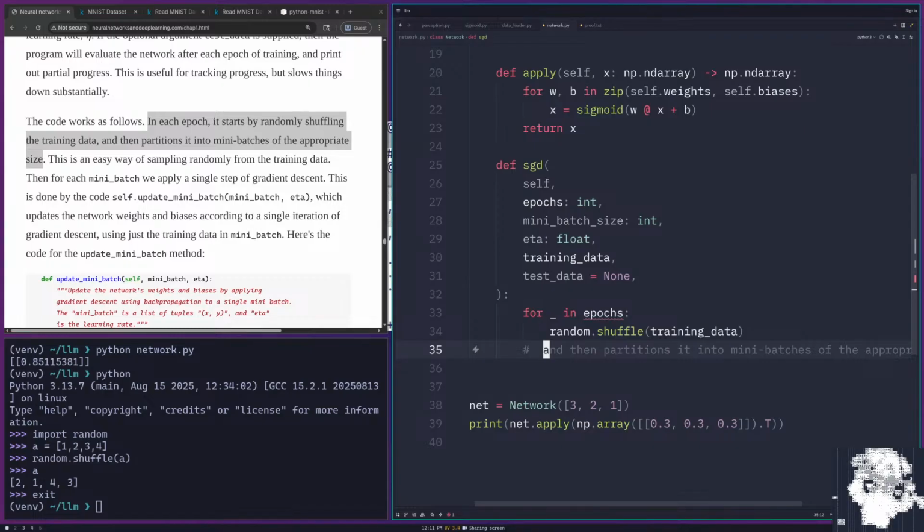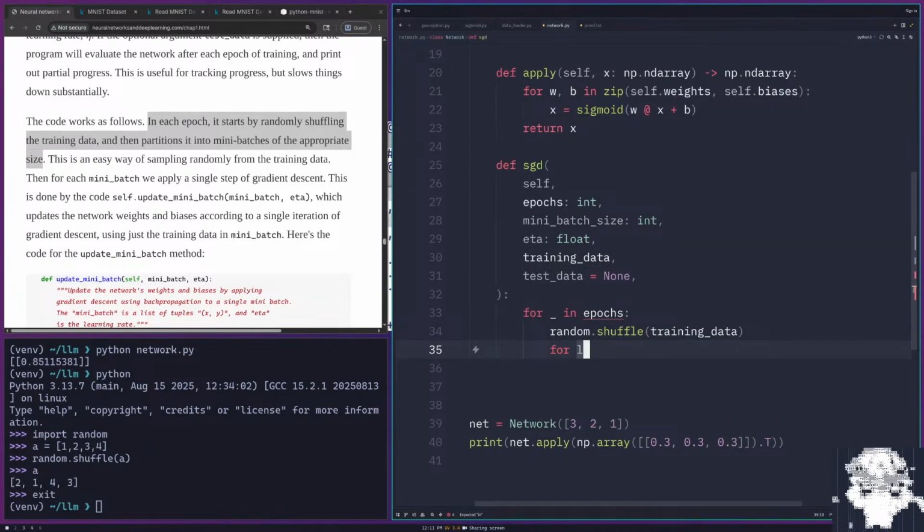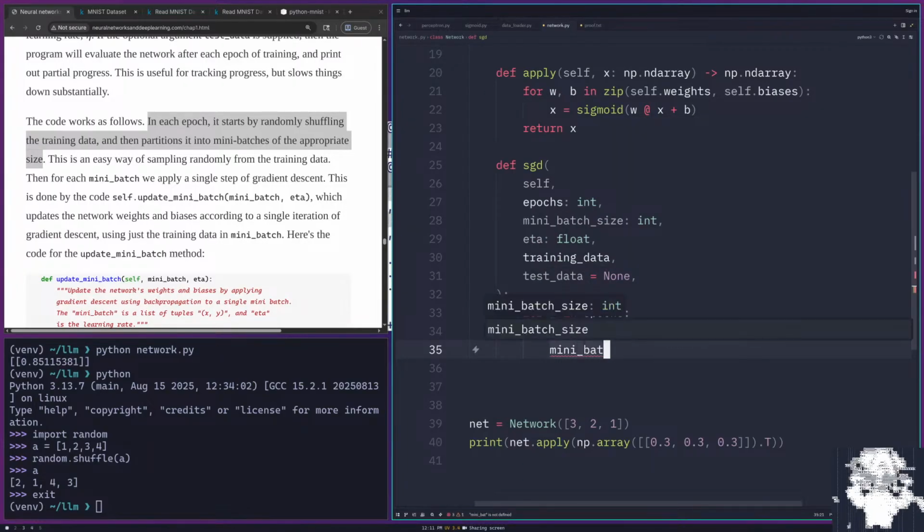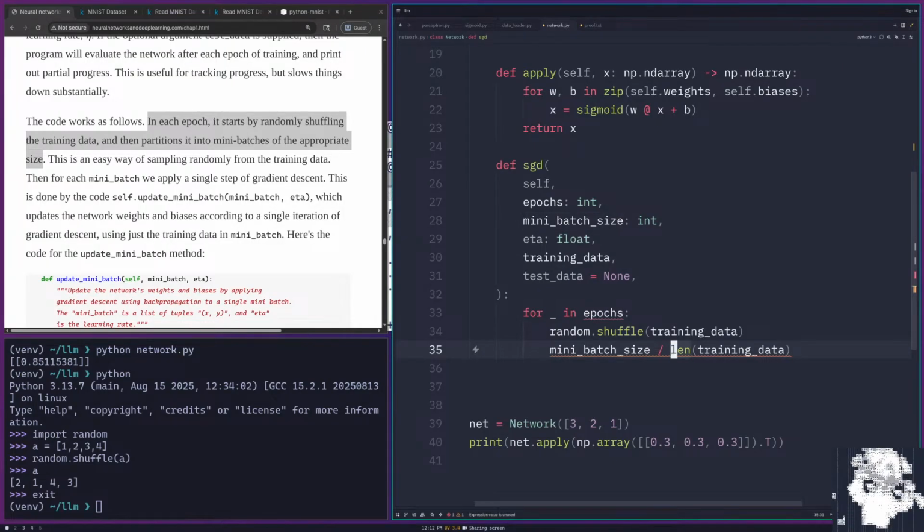Randomly shuffle the training data, then partition it into mini batches of the appropriate size. So for, okay, so len of, no, we know the mini batch size. So length of training data over mini batch size is how many batches we're going to have.